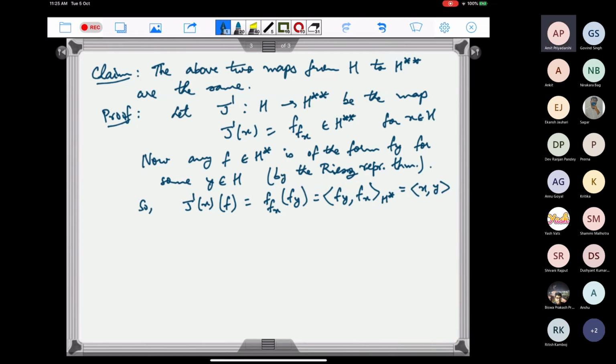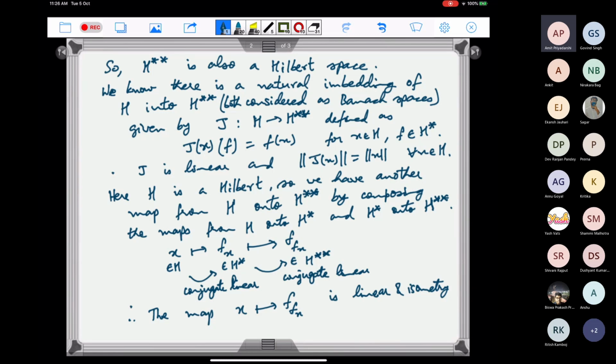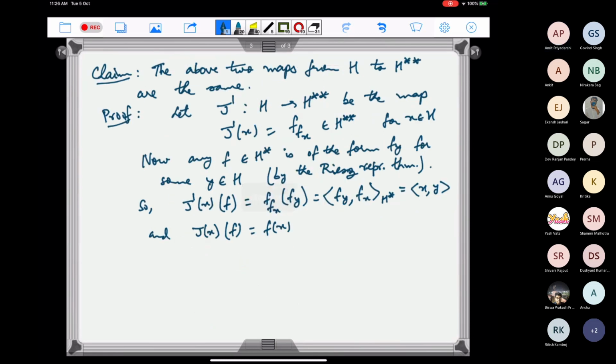So we claim that this J dash X is the same as J of X for every x. So what is Jx of f? This we know was defined to be equal to f of x. J was defined as Jx of f is equal to f of x. Let's see what this is. What is f? f is the same as f sub y. So this is f sub y of x, and by the definition of f sub y again, f sub y of x is equal to the inner product of x with y.